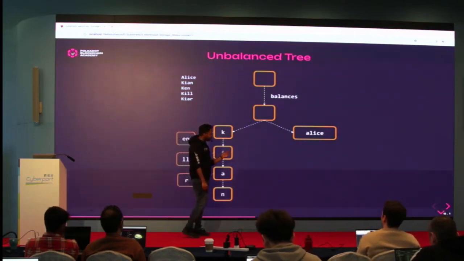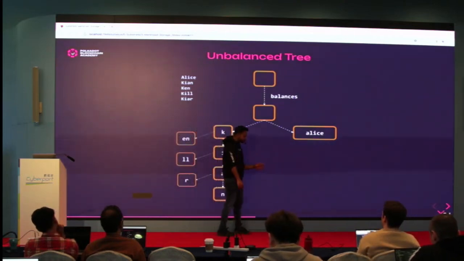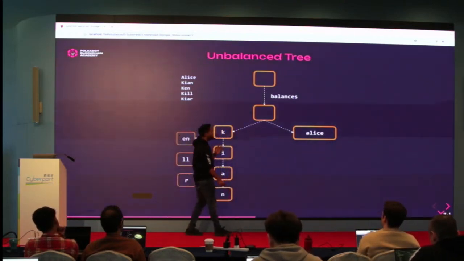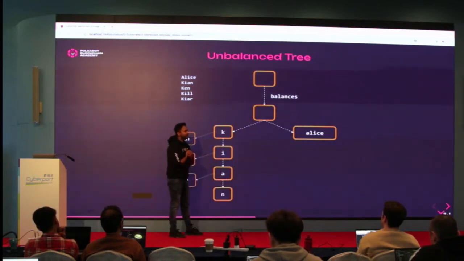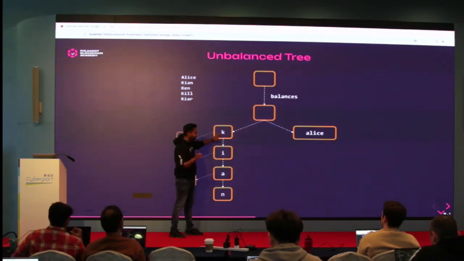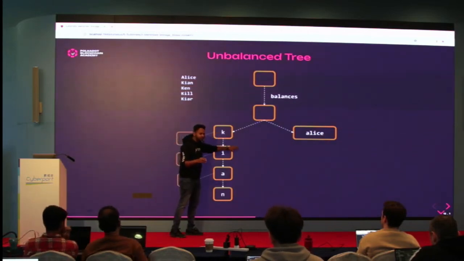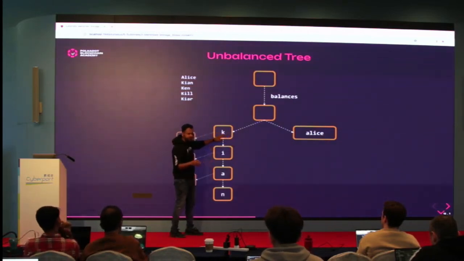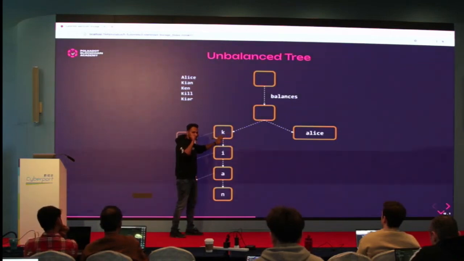anytime there is a code path where somehow the user can influence what would be the key, we don't want to have that, because if the user is able to influence where the keys are stored, they can attack your chain.